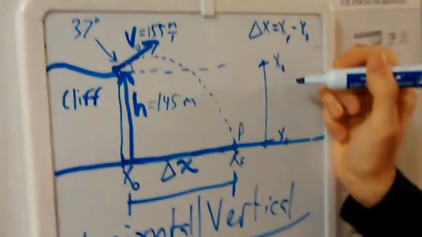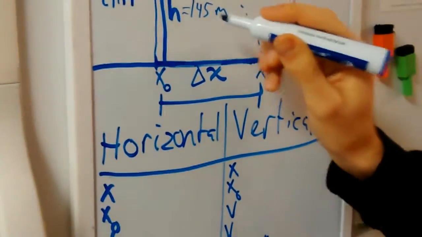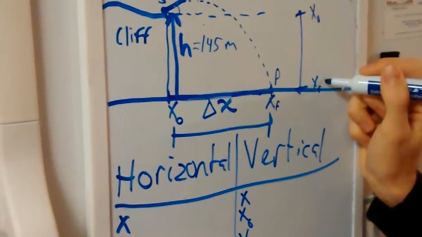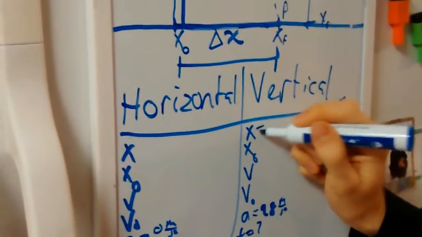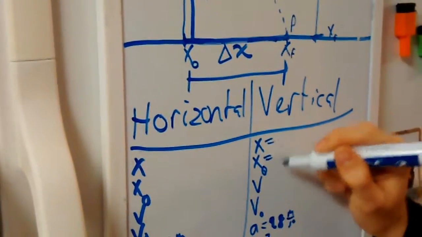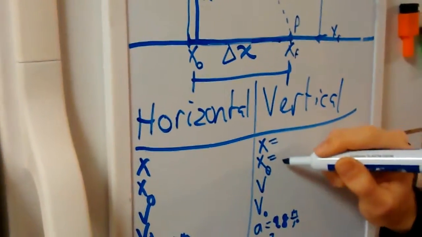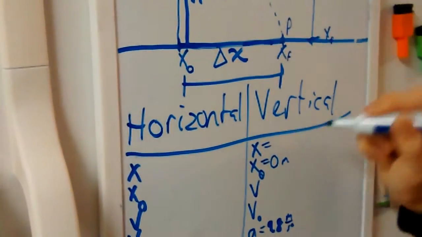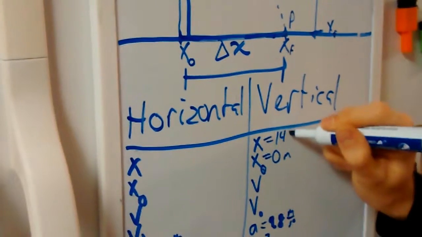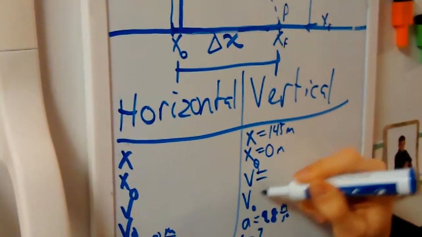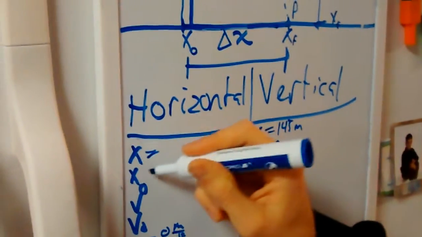Alright, so we have 145 meters, that would be our final. So we can put it here, x. By the way, x final would be the same thing as x. X naught is 0 meters. And we can see that x is 145 meters. Let me add equal signs to all these things here.